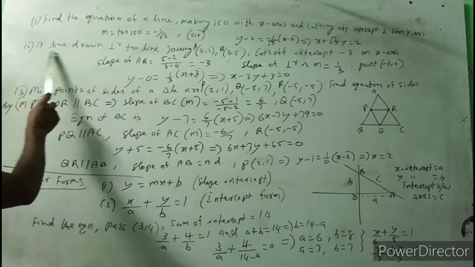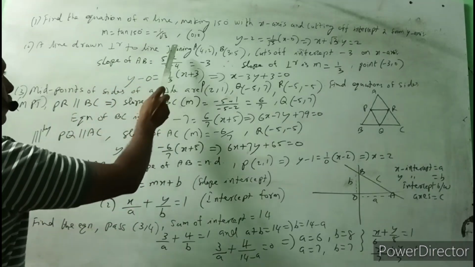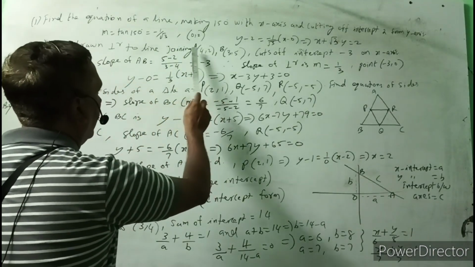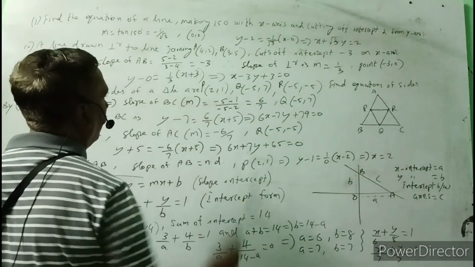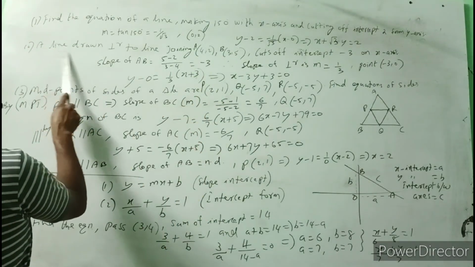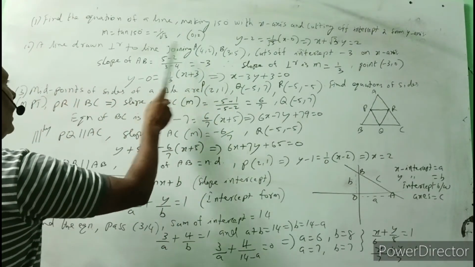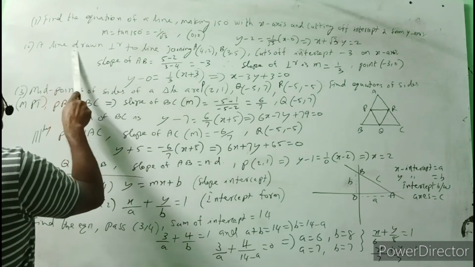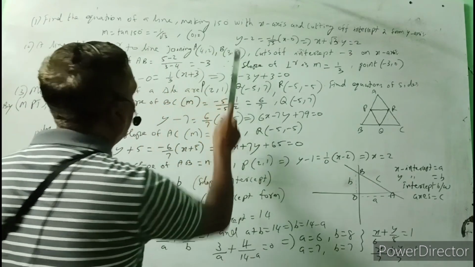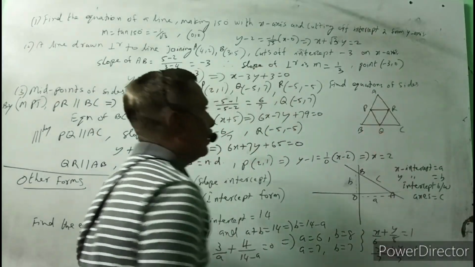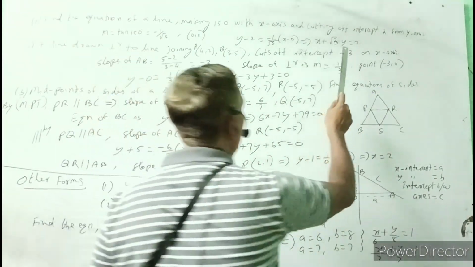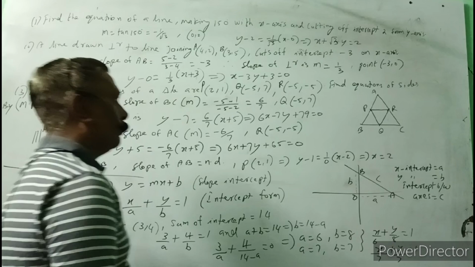Another question is written: a line is drawn perpendicular to the line joining A and B, which are two points. If we join them, you will form a line, and a new line is perpendicular to this line. We need to find the equation of a line which is perpendicular to this AB and cuts off an intercept of minus 3 on the x-axis, meaning the point is minus 3 comma 0.